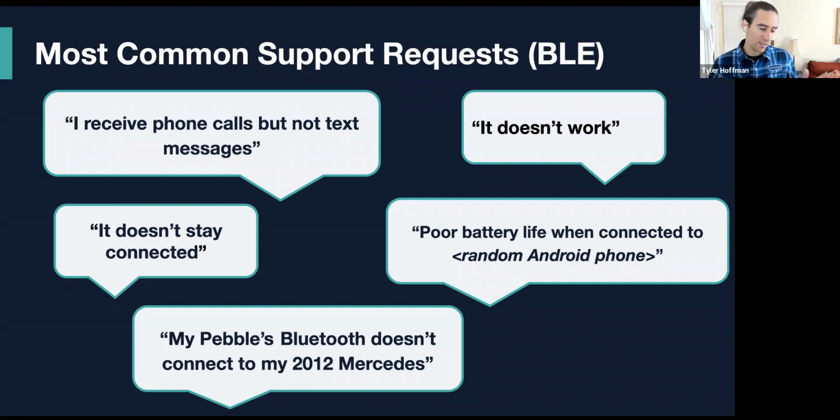And so some of the more interesting stories we have at Pebble and our time at Fitbit as well is just the random issues that you'd get from customer support requests, but all kind of around Bluetooth. And my favorite one was always the guy who had a Mercedes and was like, my Pebble doesn't work with this.